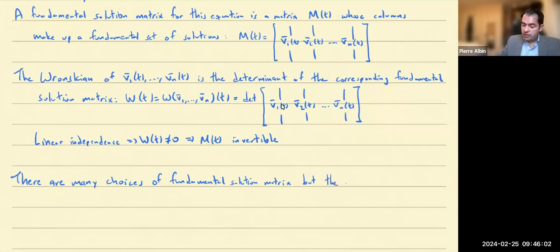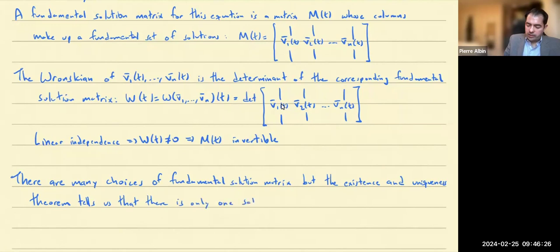But the existence and uniqueness theorem tells us that there is only one satisfying that its value at t naught is the n by n identity matrix.